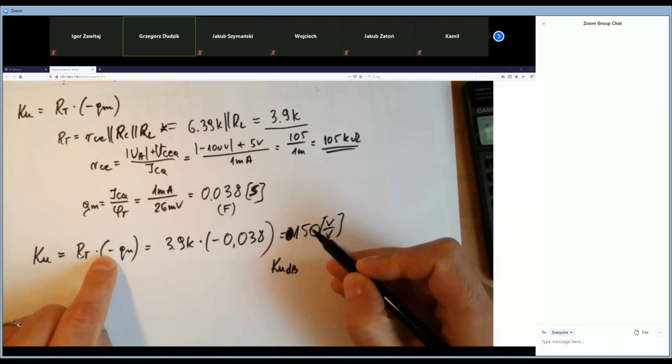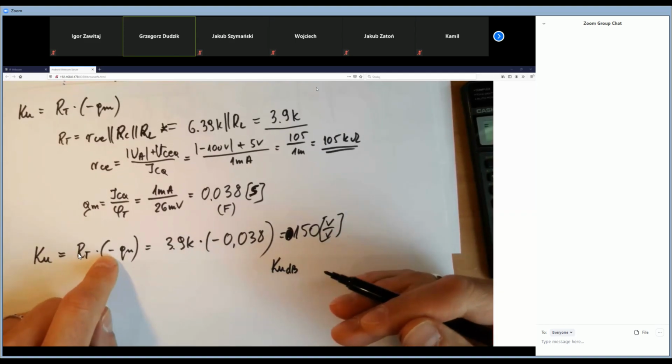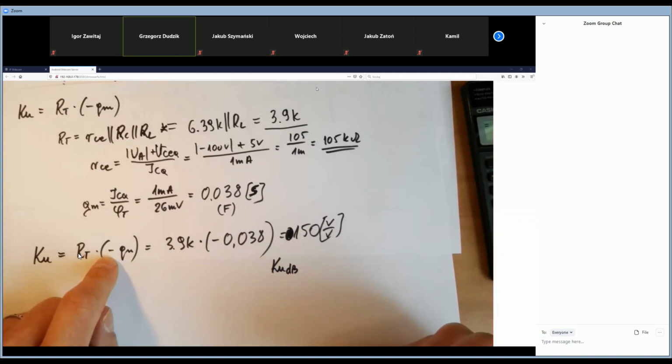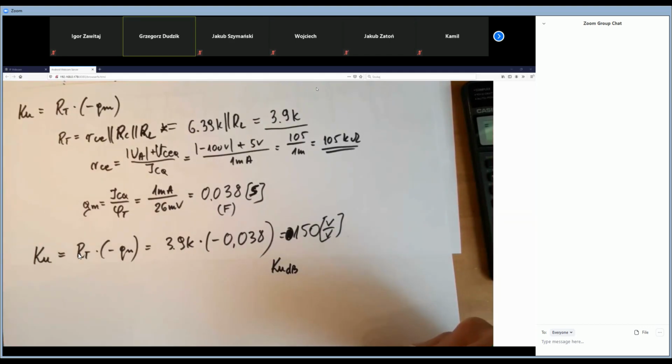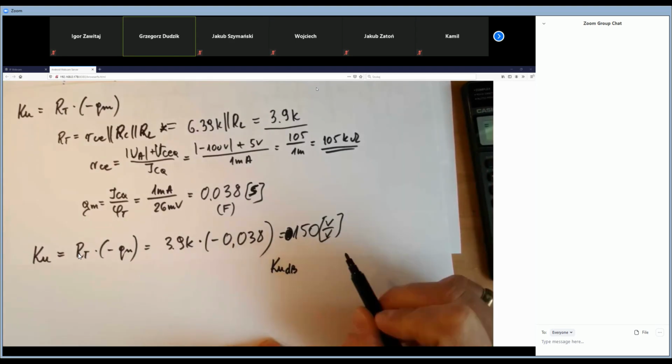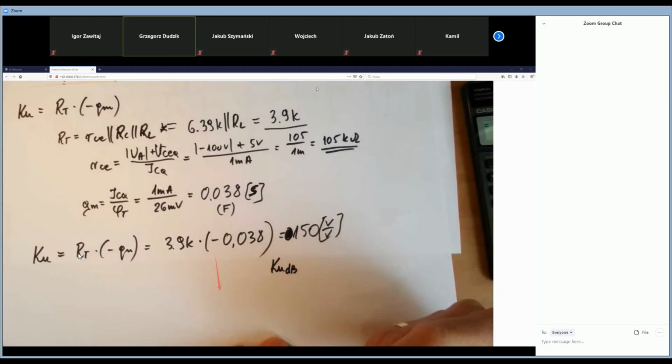This minus indicates that the output signal is shifted by 180 degrees relative to the input, because this is the common emitter configuration of the amplifier based on the transistor. So, in fact, this is 150, so we've got amplification here, not attenuation.